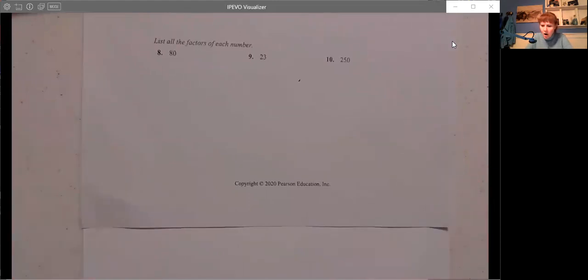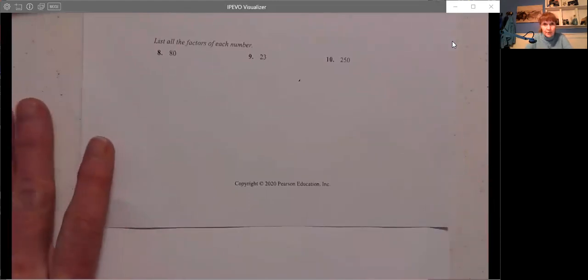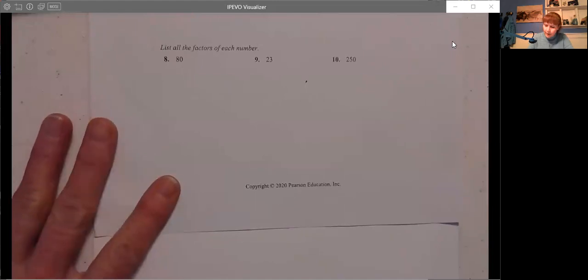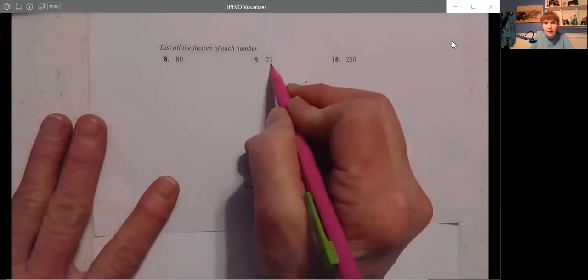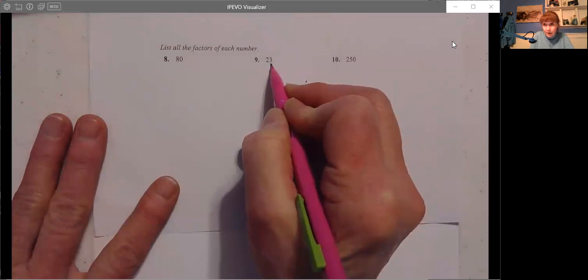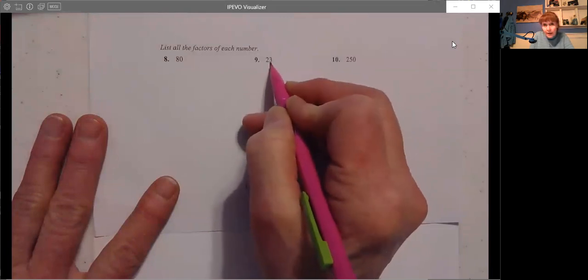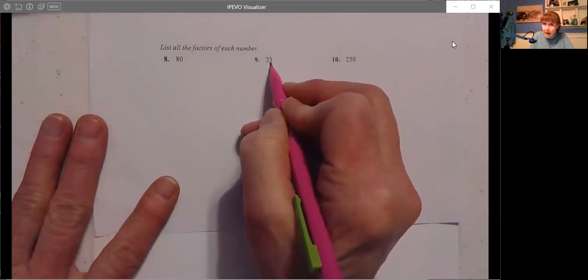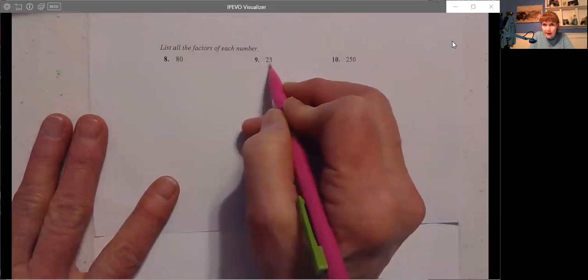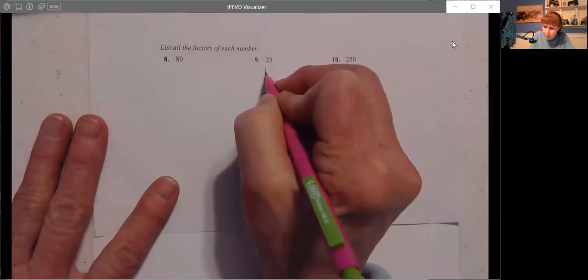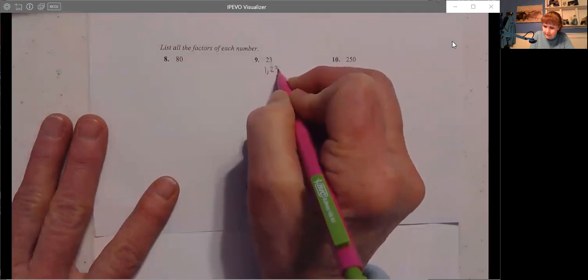Let's list all of the factors of each number. If we look at this one right here, what are the factors of 23? Well, 23 happens to be a prime number. So the only factors of 23 are 1 and 23.